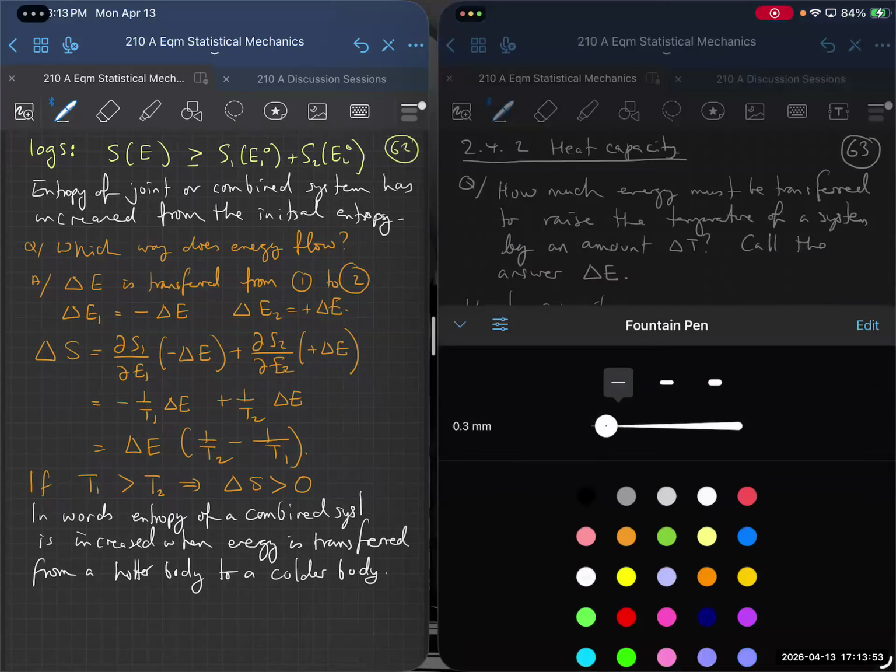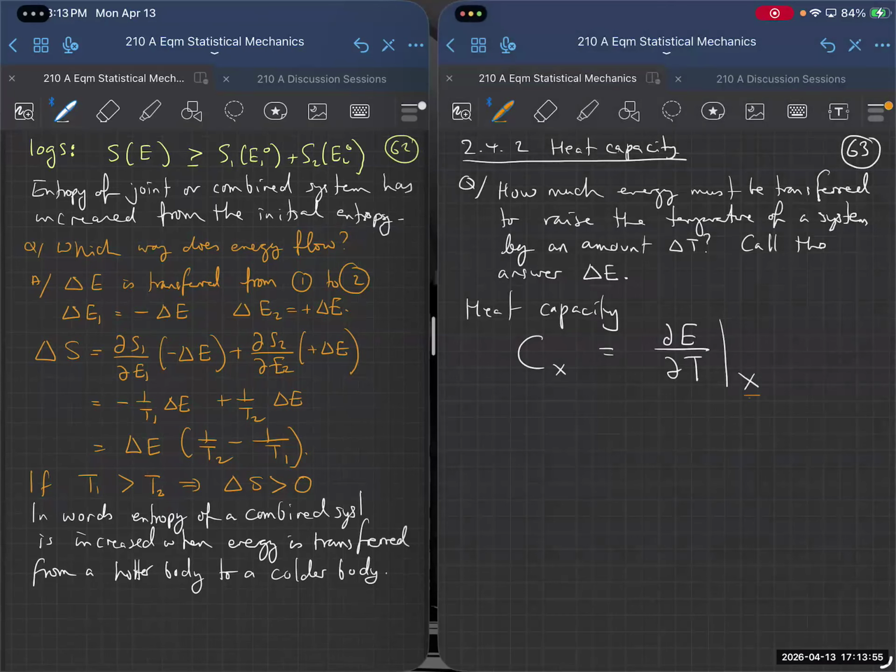So an X could be at constant volume or pressure or number of particles, whatever, constant magnetic field, whatever it might be. And we know that E is proportional to the size of the system. E is an extensive variable.